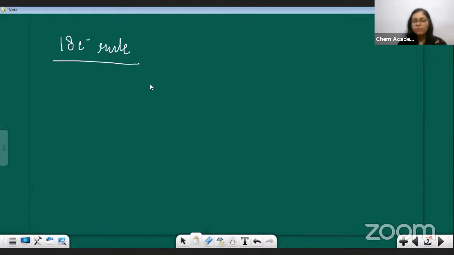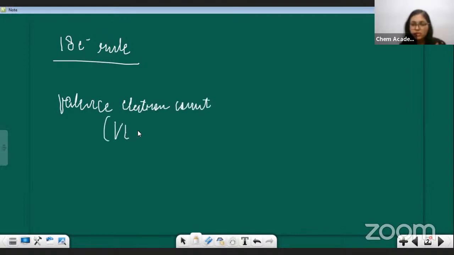We figure out the valence electron count, which we can also write as VEC. And what is going to be the formula here? It will be the group number of the metal ion.